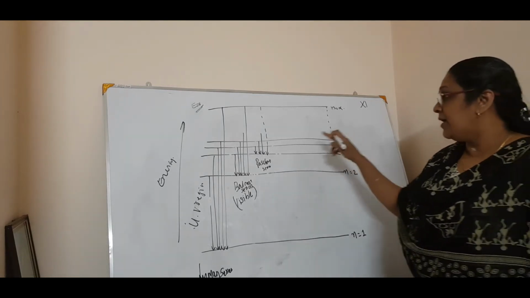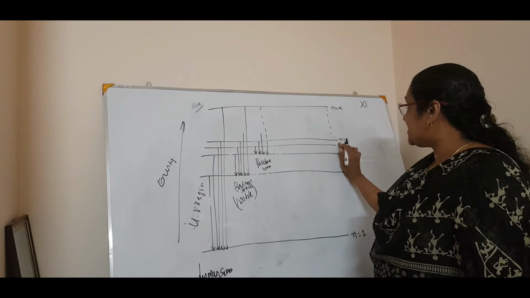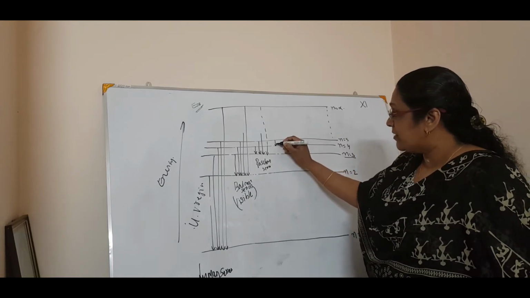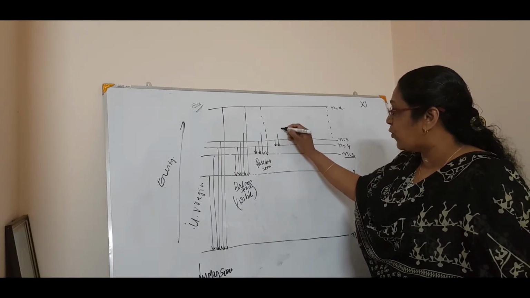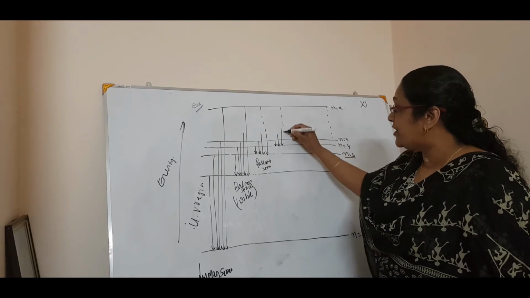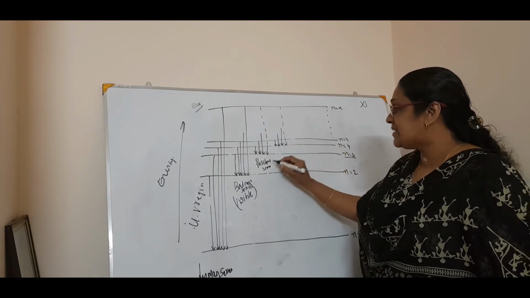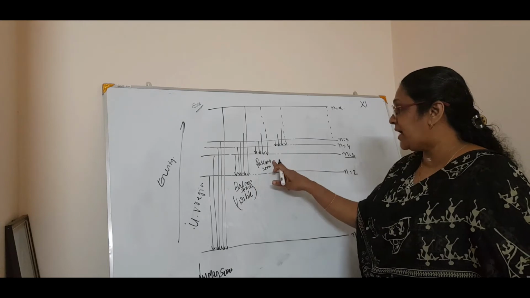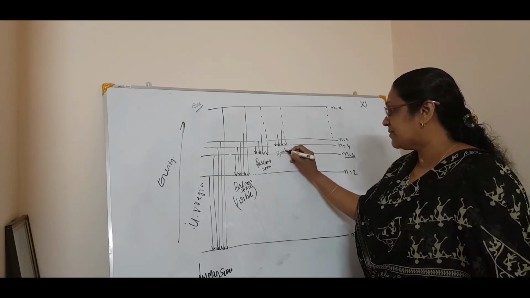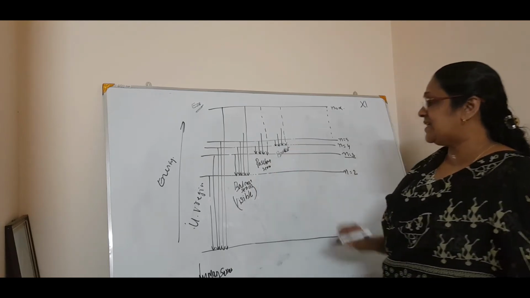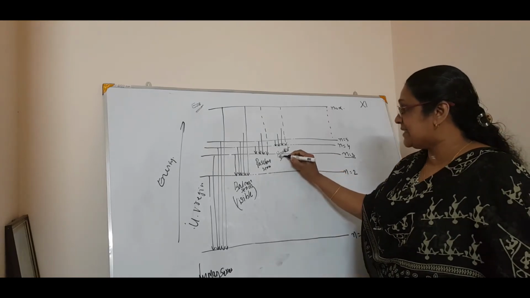Then next comes n equal to 4, that is 5 to 4, 6 to 4, 7 to 4, and infinity to 4. This is called the Brackett series.